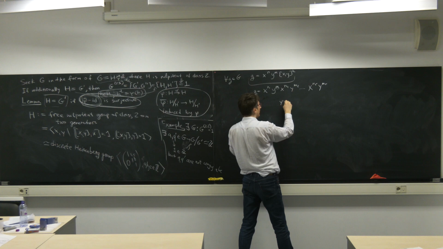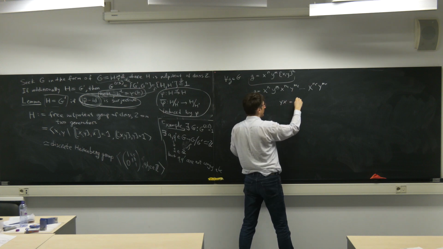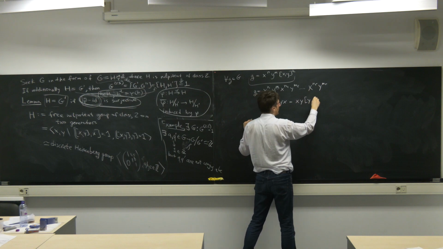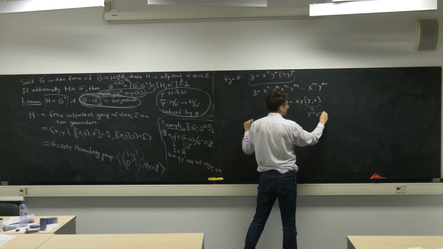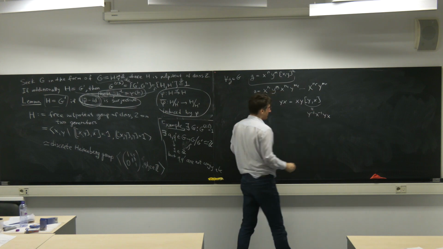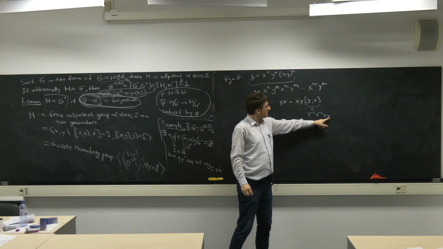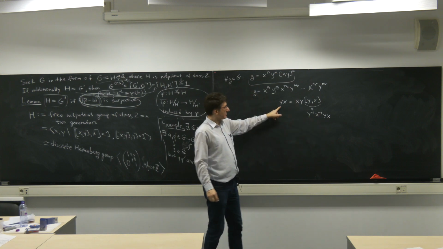So if you have yx, it is the same as xy together with the commutator. So this commutator is y inverse x inverse yx. And as you see, these two cancel out, and what remains is yx.